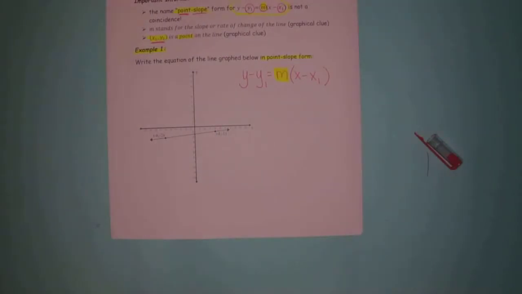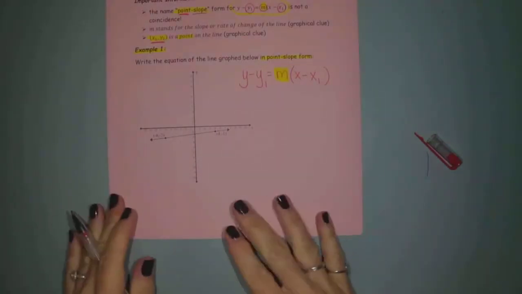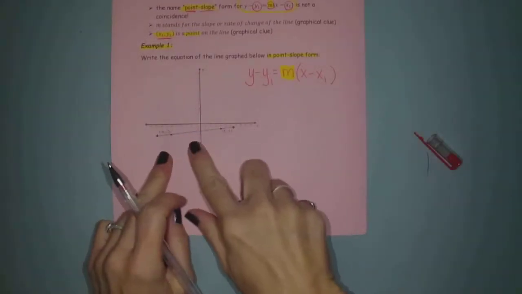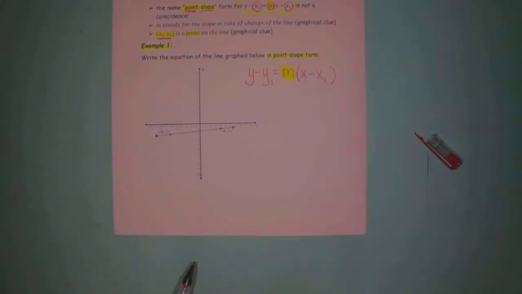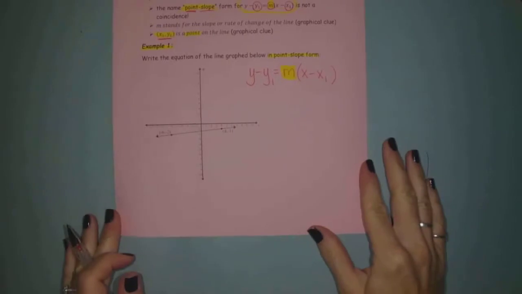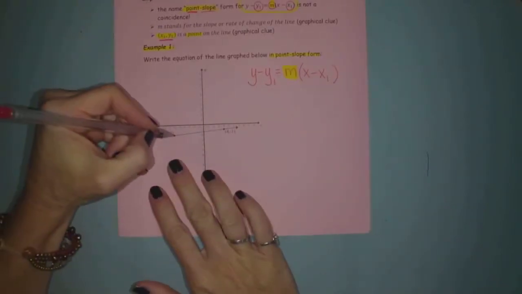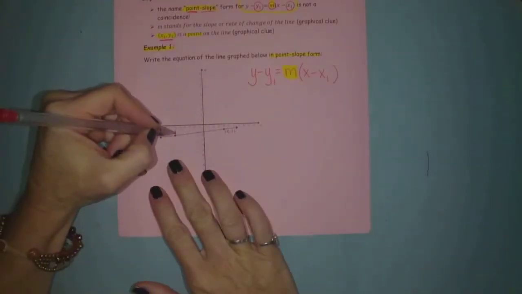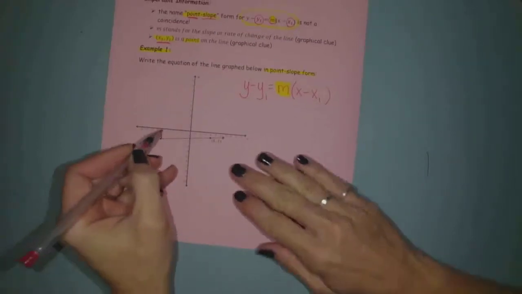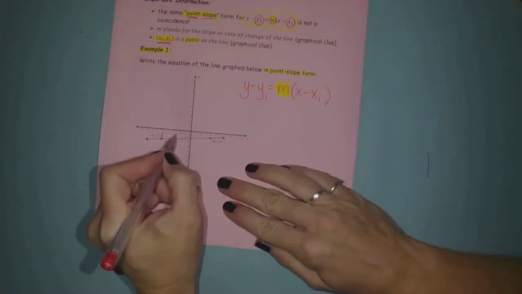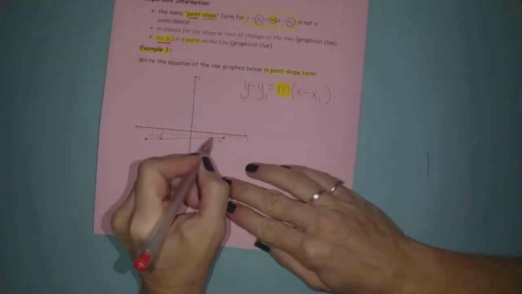So why don't we go ahead and grab that first? We've been working on slope. You guys know how to find slope. And since this is just graphed for you, why don't we just do the easy way to find slope? Let's just count the rise, or the vertical change in y, and divide it by the horizontal change in x.